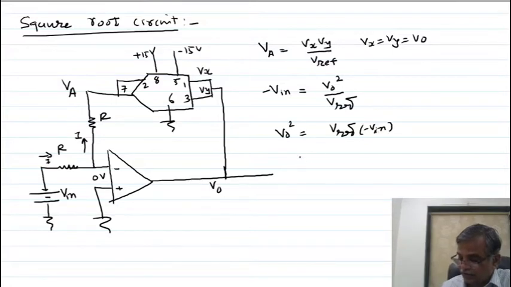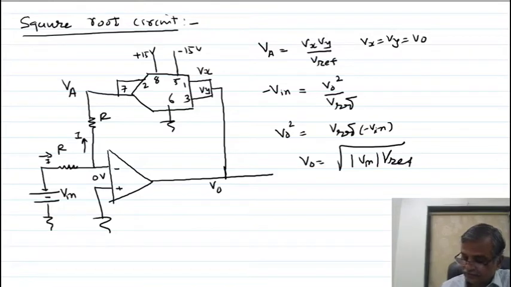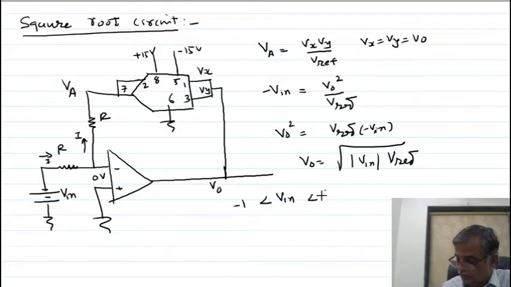I have to take the magnitude, so Vo is the square root of V reference times the magnitude of Vin. Remember, this is your V reference, and your Vin should be between this much value. So you can easily find the square root of a given number.